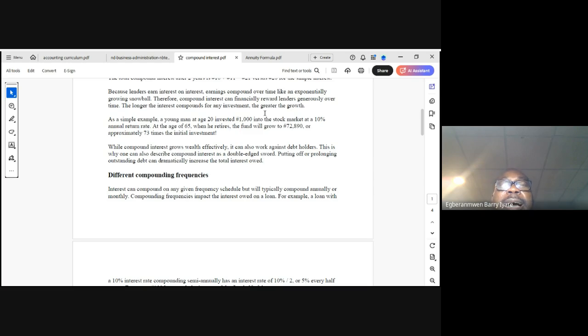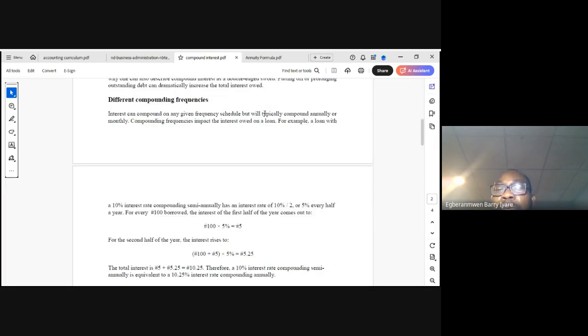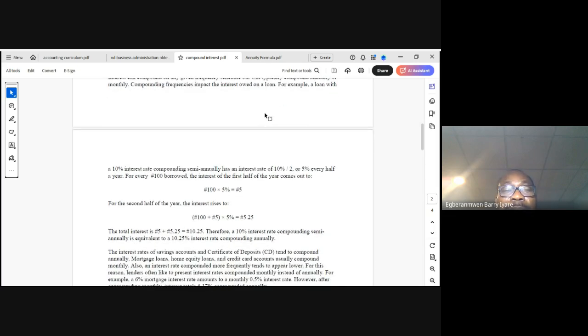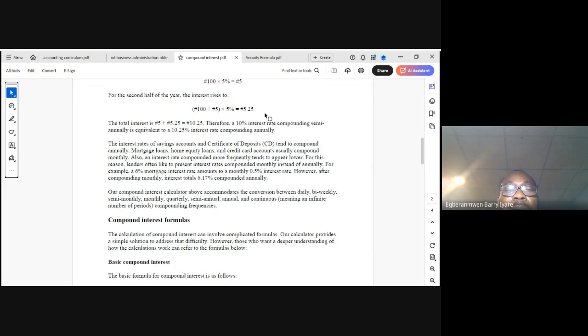At the age of 65, when he retires, the fund will grow to 72,800, which is approximately 73 times the initial amount. That is compounded money. You will see how it works. Let me give you a simple example. I just use that to illustrate what I mean by 10% compound interest. Let me look at the example.